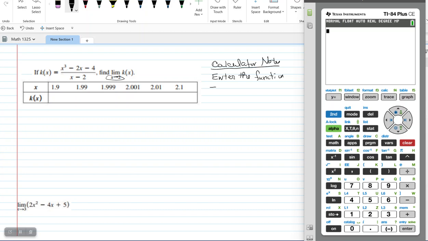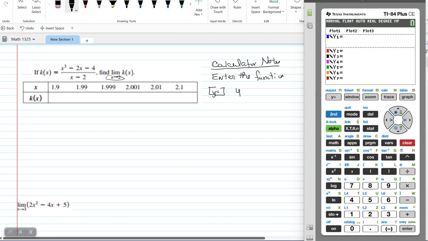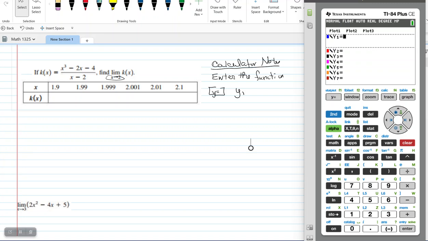All right, so we're going to strike our y equals key, and we're going to clear anything that's in there. And then we're using y1 to enter the function. So it's flashing right there. So we're on y1. We're going to enter parenthesis, second row, second key, which is this key right here. We're going to enter this because we have to tell it what the numerator is.